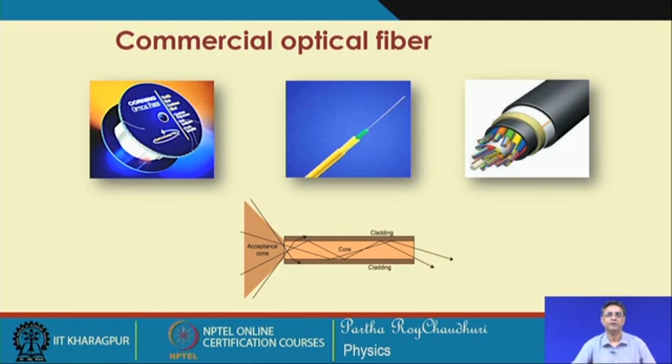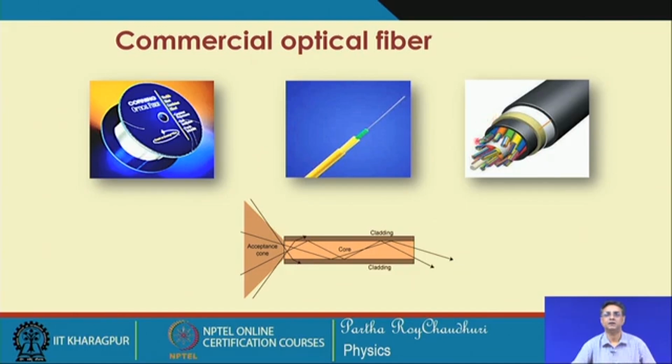And you might have seen this mandrel of optical fibers. This is a picture from Corning Glass, USA, containing a roll of fiber, and this is a single fiber which is protected with the acrylate jacket and the strength member.